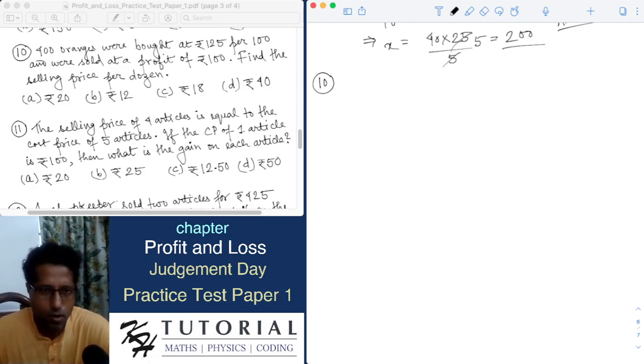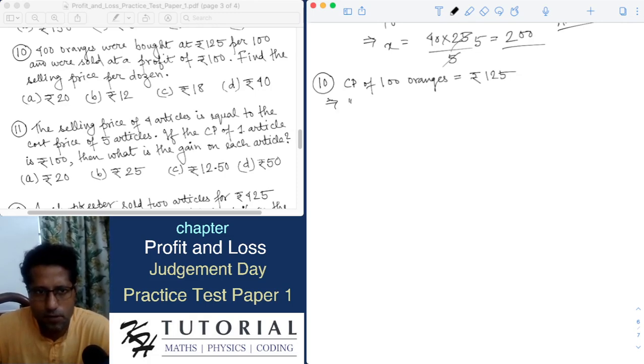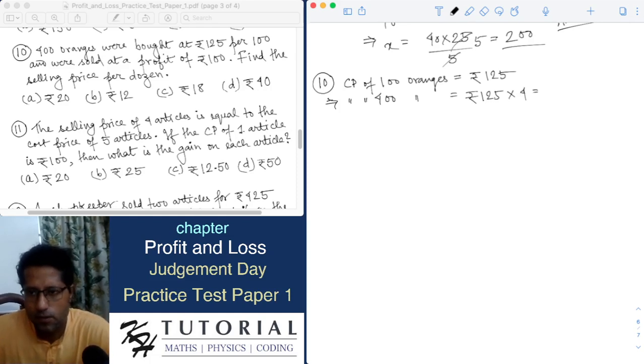So cost price of 100 oranges is equal to rupees 125. This implies cost price of 400 oranges, as 400 oranges were purchased, is equal to rupees 125 multiplied by 4.